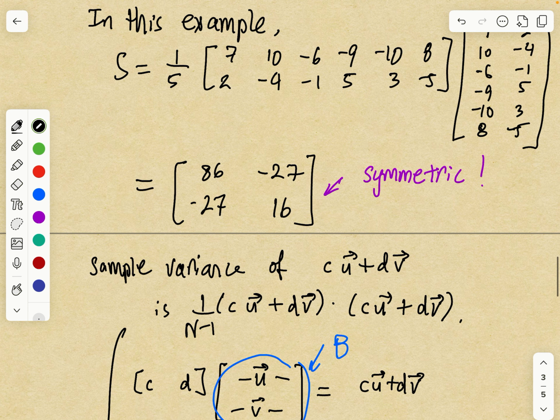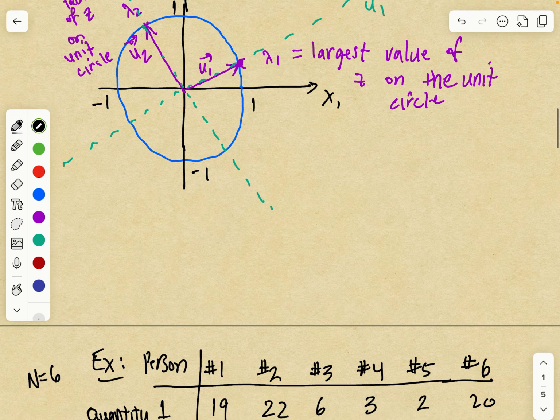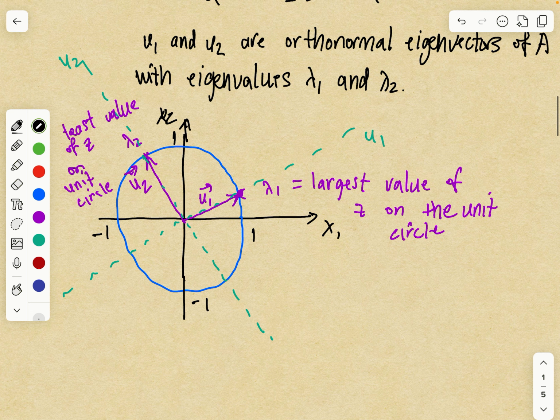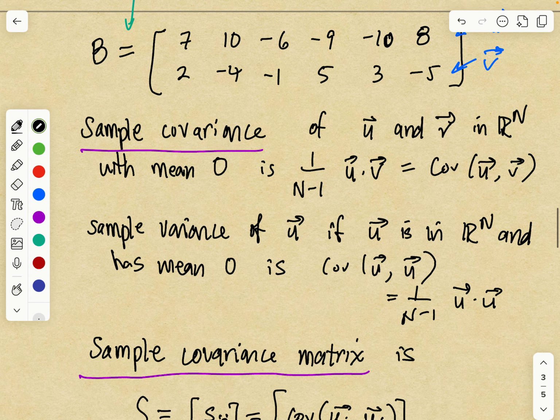This value of the quadratic form is the sample variance, and we learned above that when you restrict a quadratic form in two variables to the unit circle, the greatest and least values are lambda 1 and lambda 2, and they occur at the unit eigenvectors of your matrix.